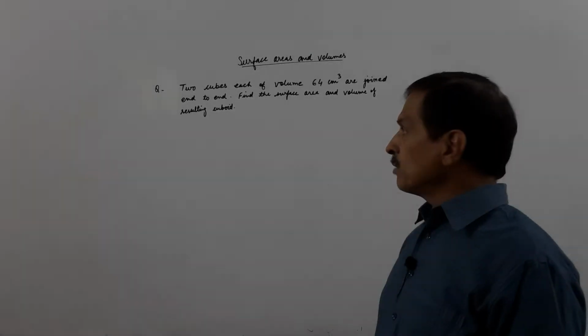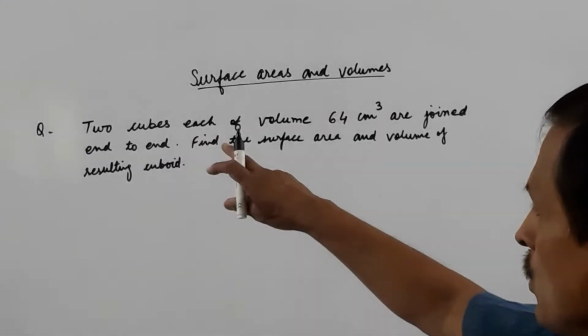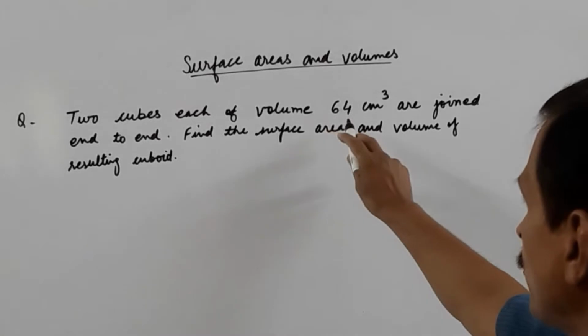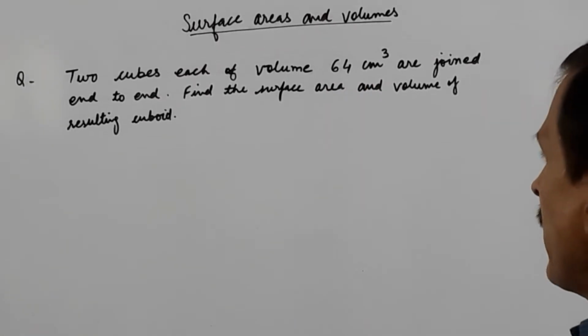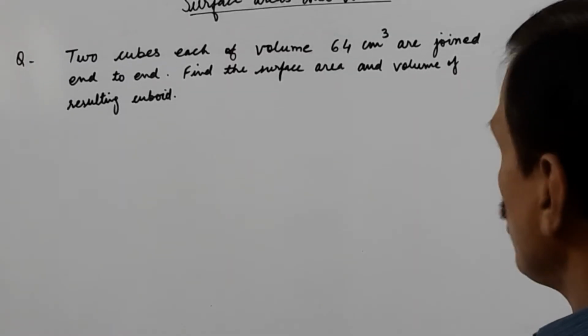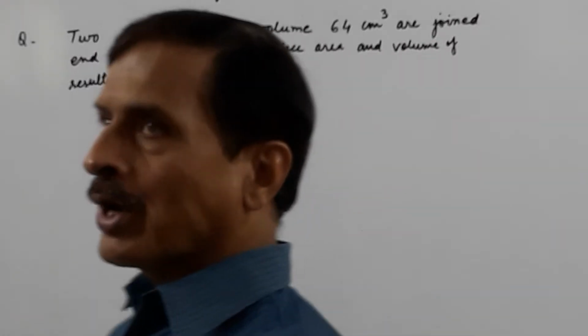Now we will discuss some questions. Two cubes each of volume 64 centimeter cube are joined end to end. Find the surface area and volume of resulting cuboid.